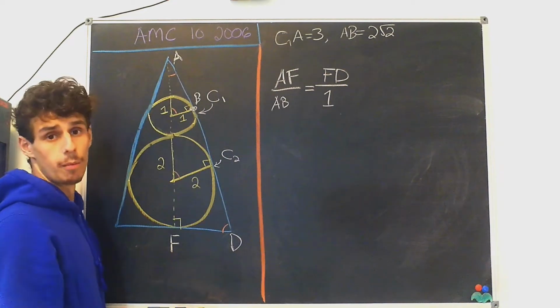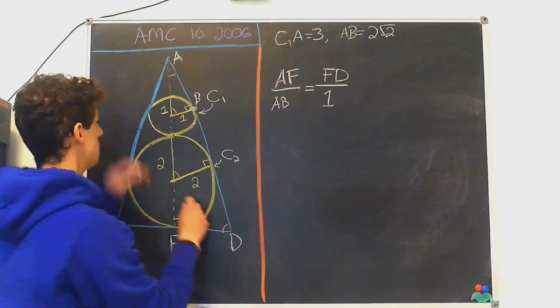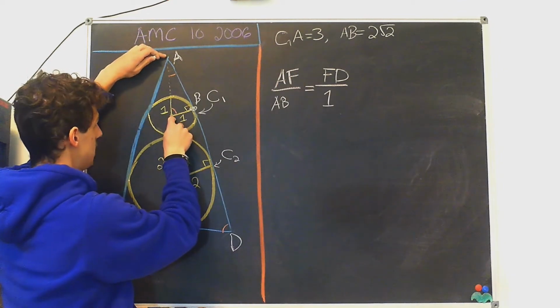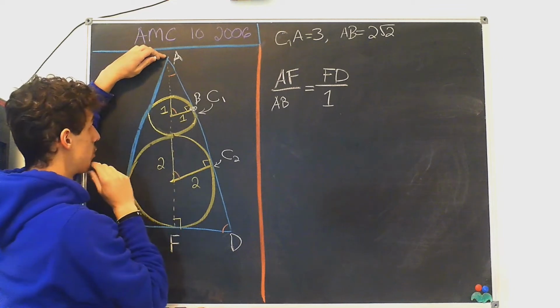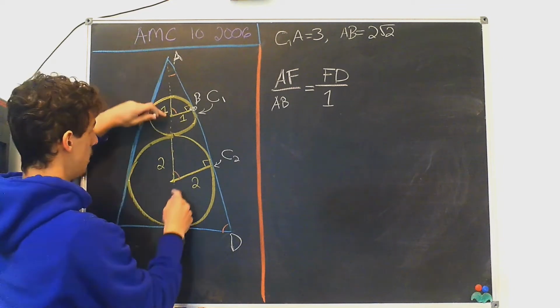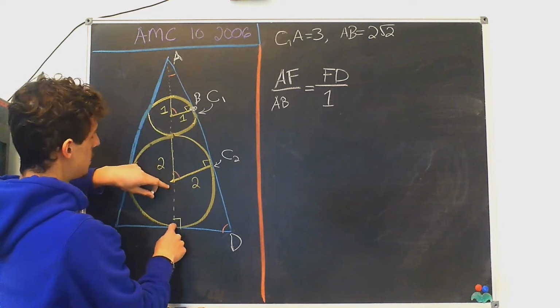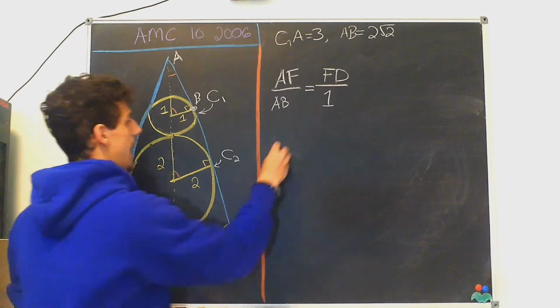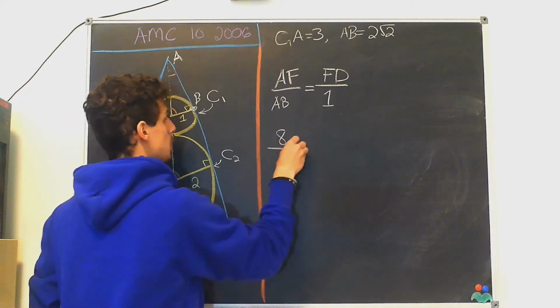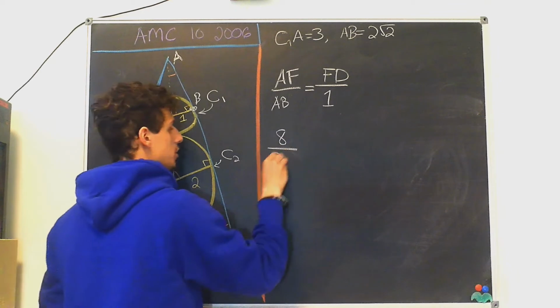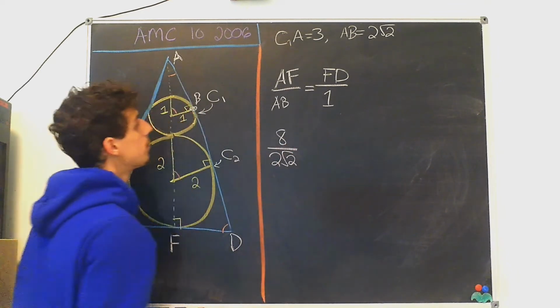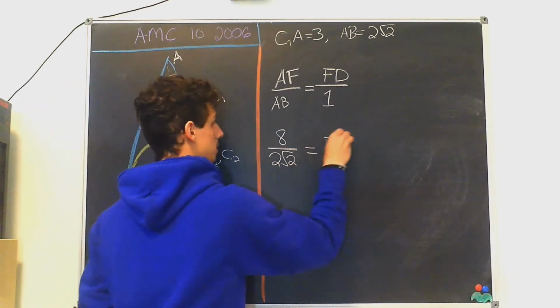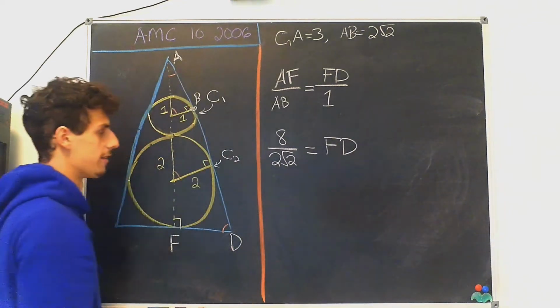From before, we know what AF is, because we know that this distance here is 3, this distance here is 3, and this distance here is 2, which means that AF is 8. So we have 8 over AB, which is 2 times the square root of 2, and then FD over 1, which is just FD.